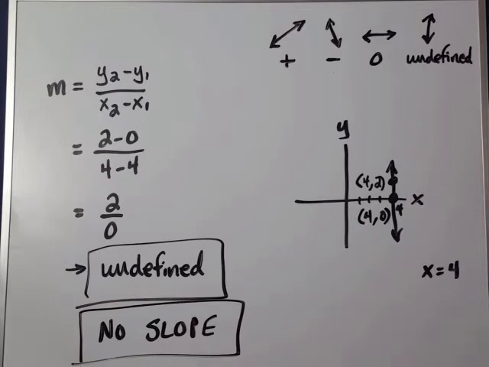Back here on page 227, brown box toward the bottom: a line with positive slope rises from left to right. A line with negative slope falls from left to right. On page 228 here toward the bottom, above this figure, a horizontal line has slope 0, and a vertical line has an undefined slope, or you're welcome to use the term no slope.